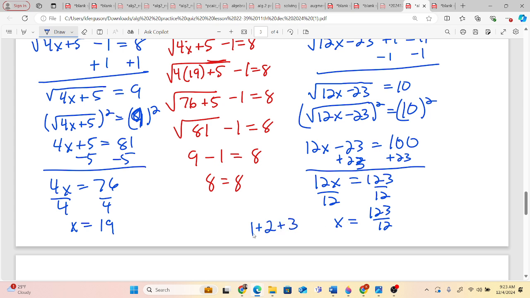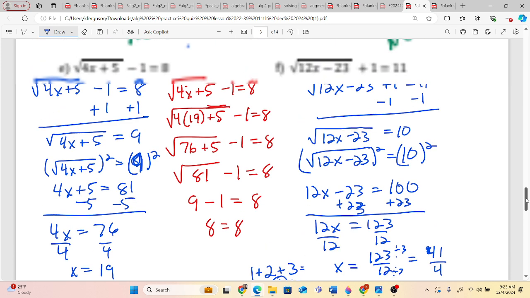So it's 123, so 1 plus 2 plus 3, that equals 6. If this sum is divisible by 3, then that whole number is divisible by 3. Don't ask me why it works, but it does. So because 6 is divisible by 3, 123 is divisible by 3. So I'm going to divide both the top and the bottom by 3, and I'm going to get 41 over 4. And that's my answer.